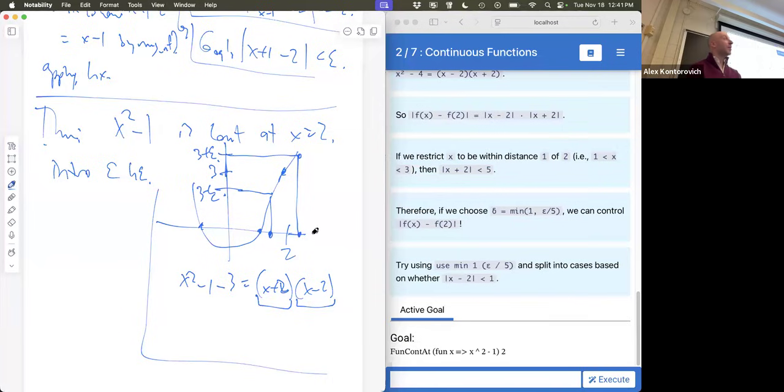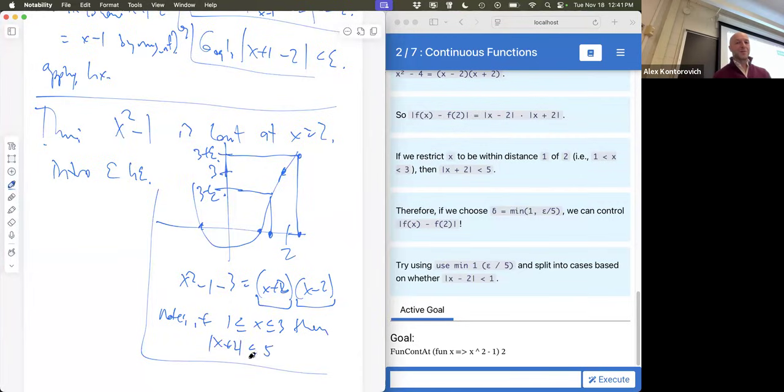I think we can make this x plus 2. Let's say x is between 1 and 3 or something, then x plus 2 will be at most 5. So note, if x is between 1 and 3, so that's a window of size 1 around 2, then x plus 2 is at most 5.